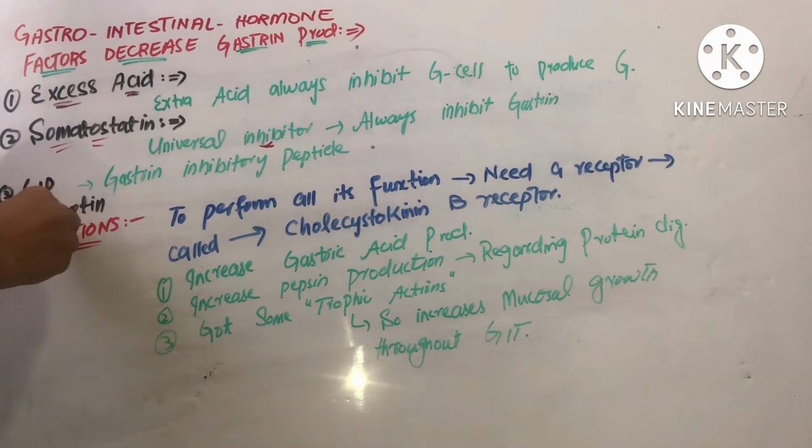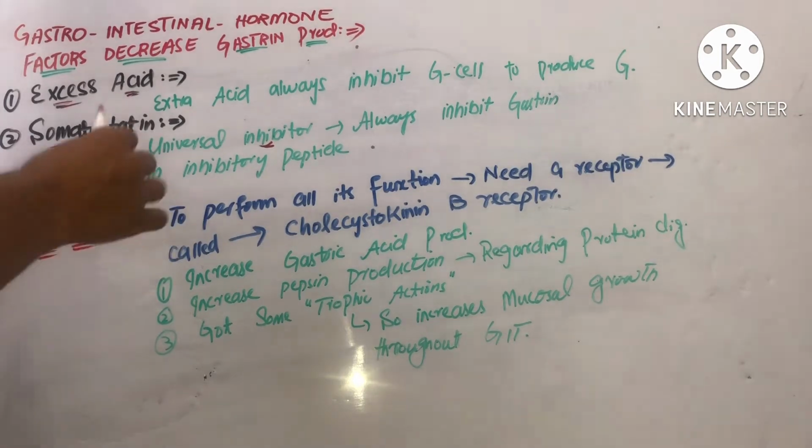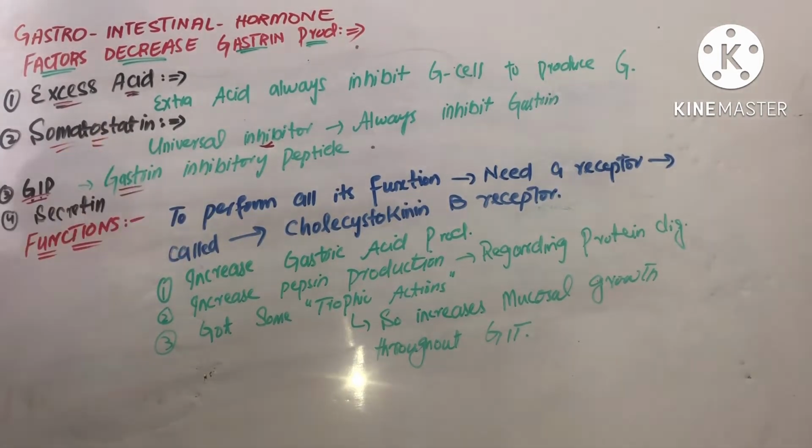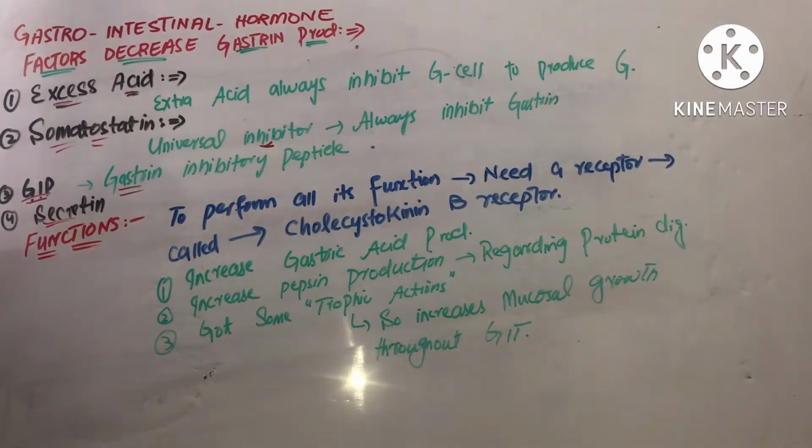Number third is GIP. We all know that it is a hormone present throughout the GIT tract. This GIP inhibits gastrin because it is a gastric inhibitory peptide. Number four is secretin. Secretin also inhibits gastrin secretion.